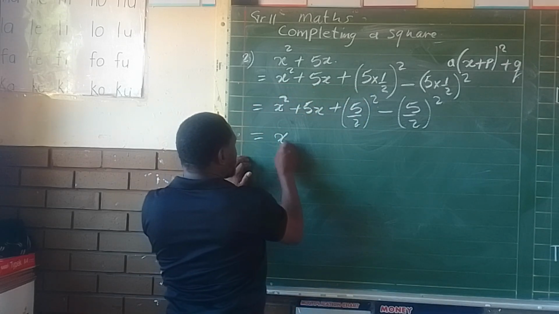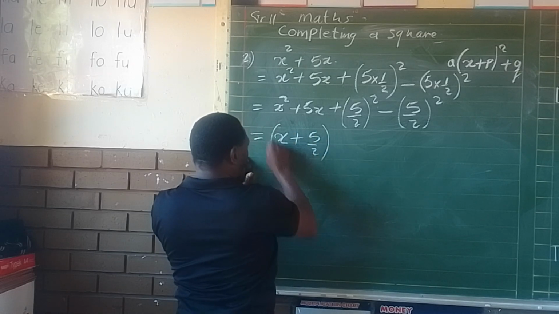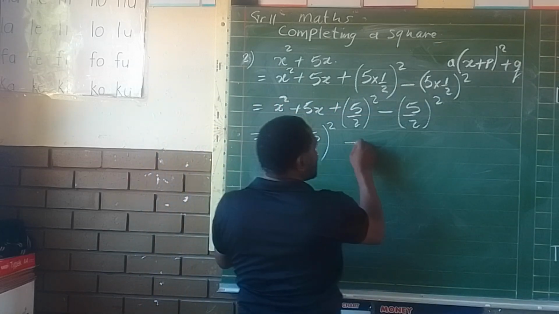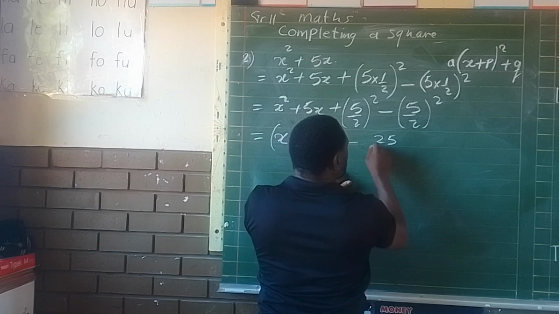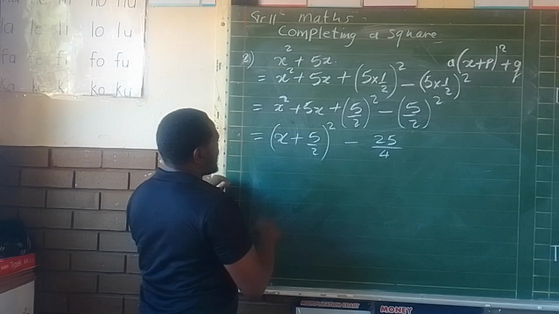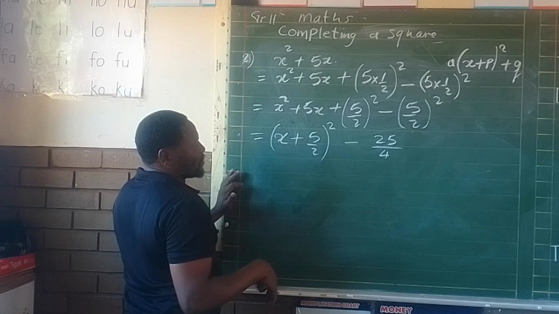We are going to have a factor whereby you have x plus 5 over 2 all squared. You are not working hard here. Minus 5 squared is 25. 2 squared is 4. This is your completing, you have completed a square.